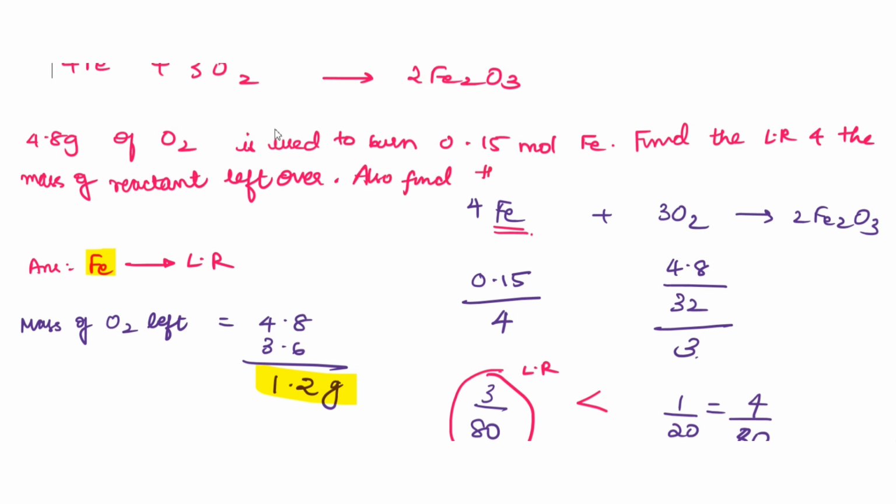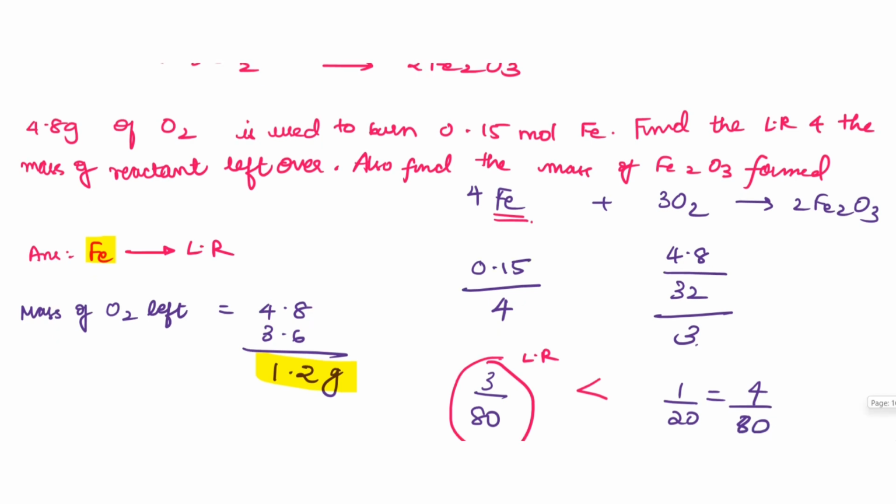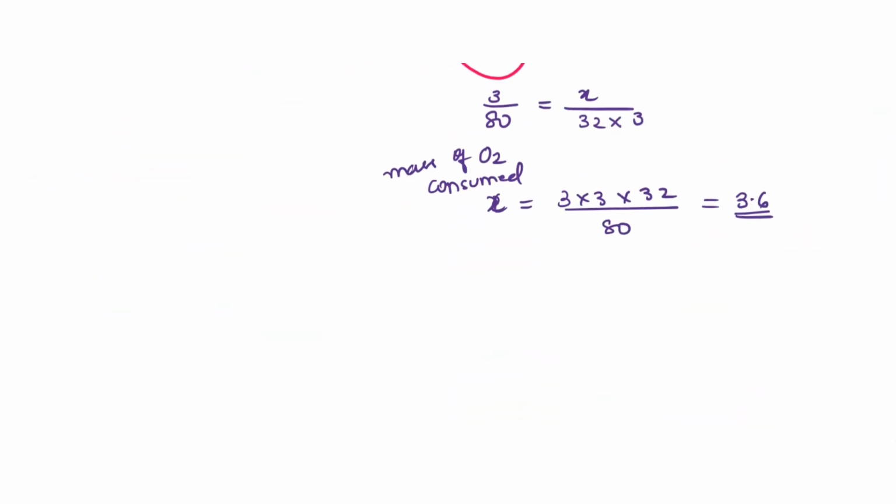Now I am extending the question: also find the mass of Fe2O3 formed. Now what will you do? For any questions based on this, we always take the ratio of the limiting reagent, the ratio we obtained, that is 3 by 80, and we equate it to whatever quantity is being asked.